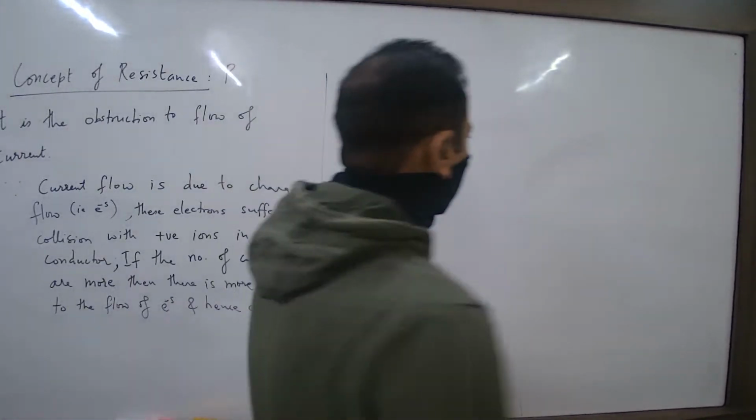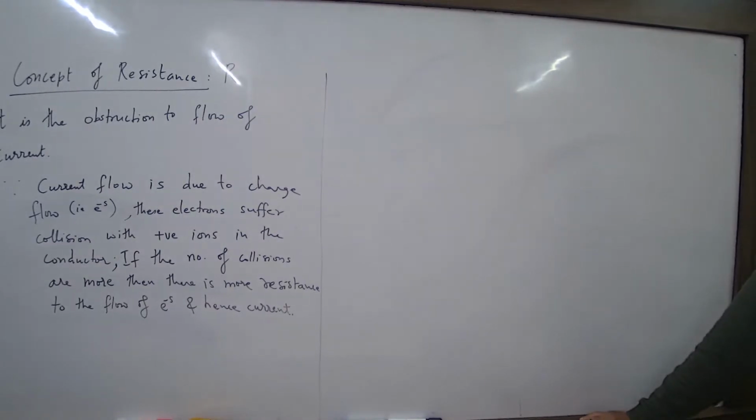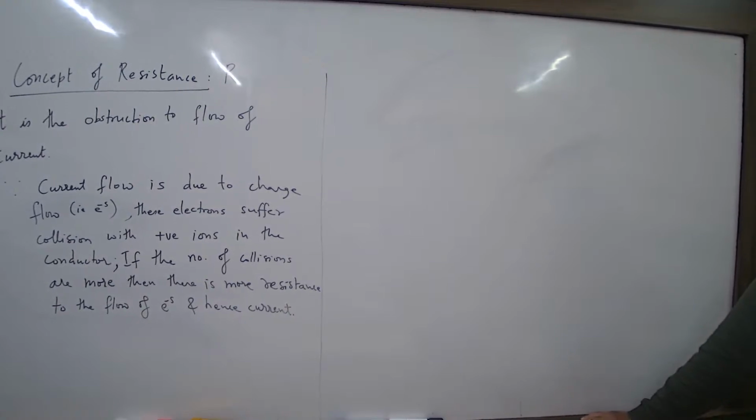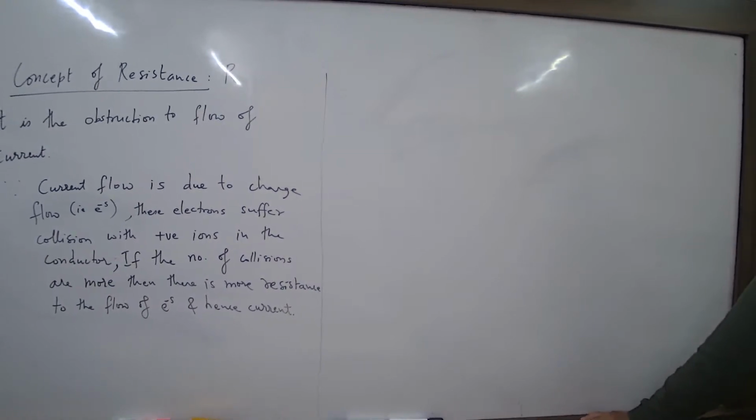So just read and understand what it is. Current flow is due to charge flow, and the charges are electrons. These charges suffer collisions with the positive ions in the conductor. If the number of collisions is more, then there is more resistance to the flow of electrons and hence current.